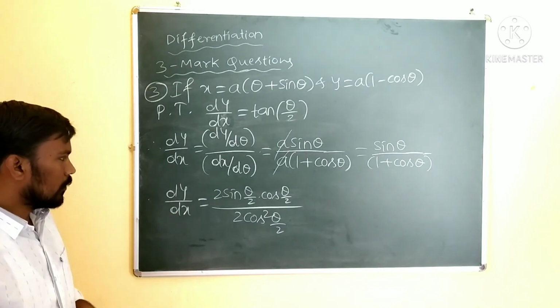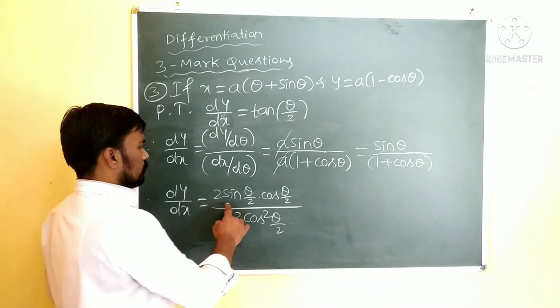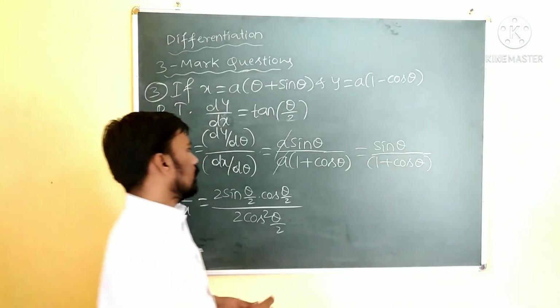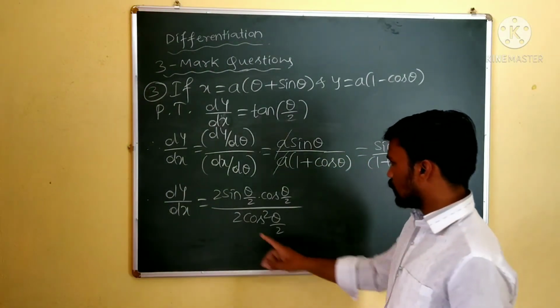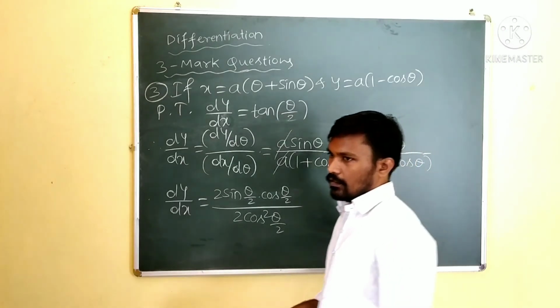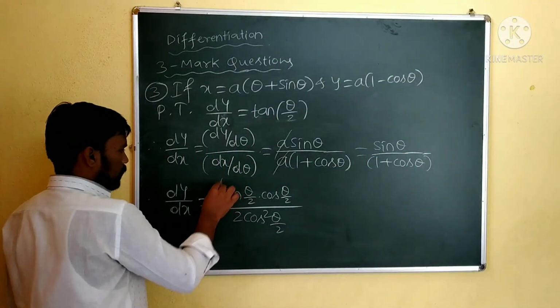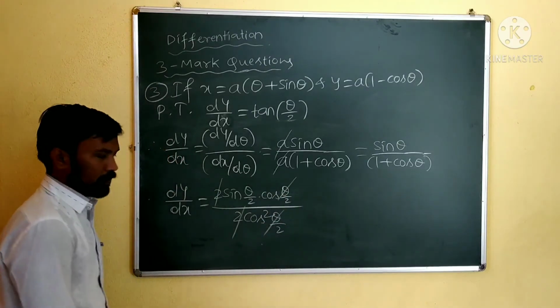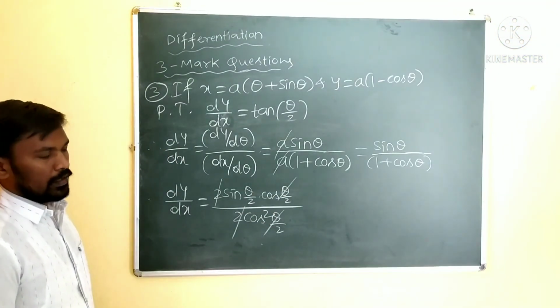So this 2 and 2 get cancelled, and cos square theta by 2 divided by cos theta by 2 is nothing but 1 by cos theta by 2.